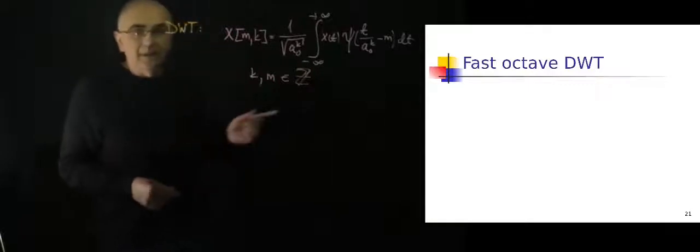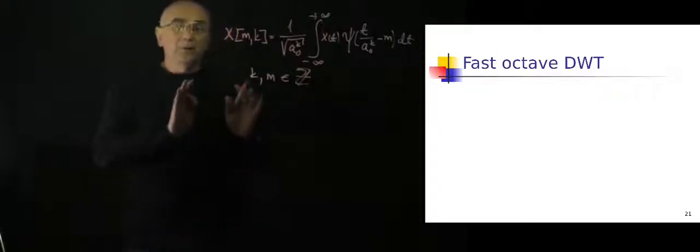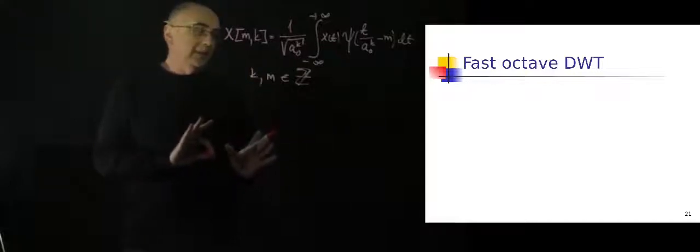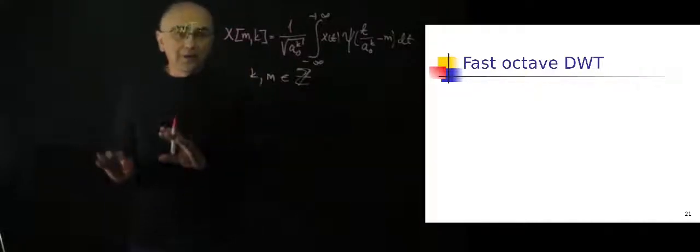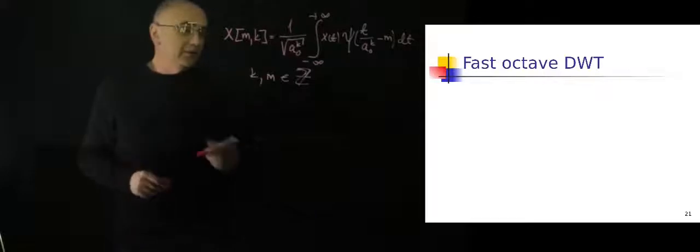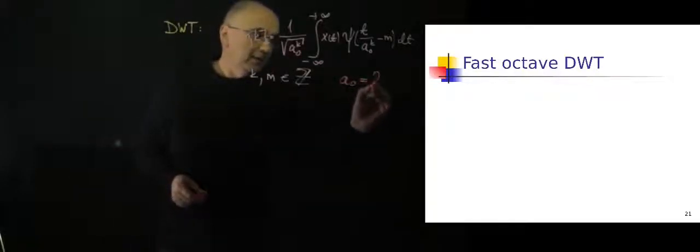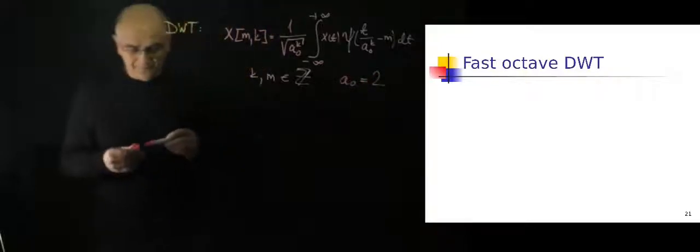So today we are going to explain how to realize octave discrete wavelet transform, which means that we have chosen initial scale equal to 2.